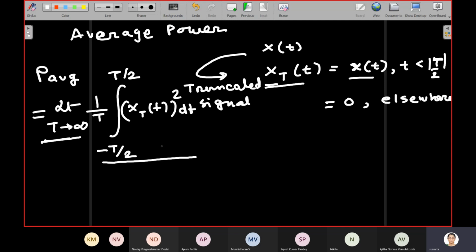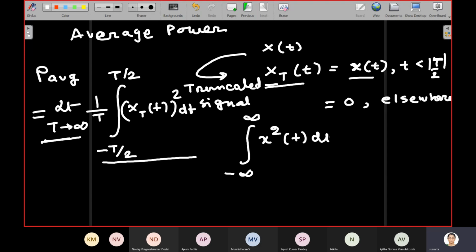Now, how do we go to the frequency domain? We are interested in the frequency domain. For this purpose, we are going to apply a theorem which relates the time domain integration to the frequency domain.